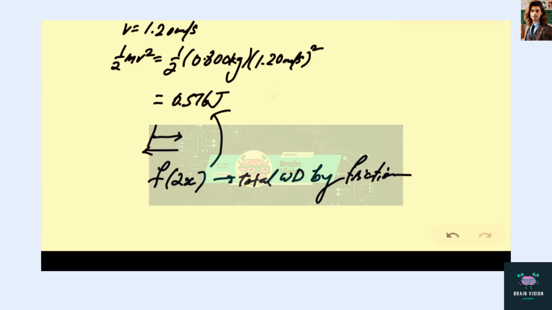And therefore we can find from here the total amount of work done. So F times x is about 0.288.